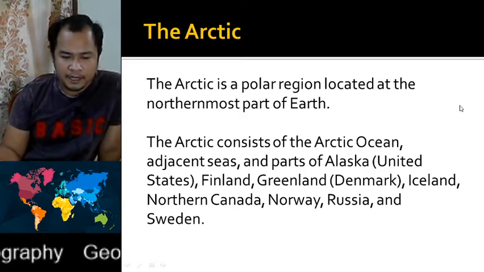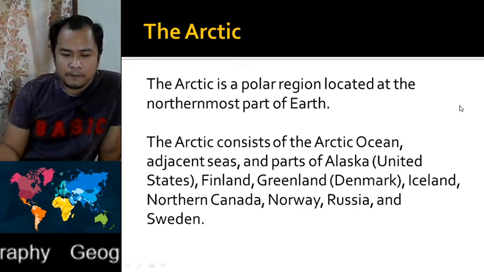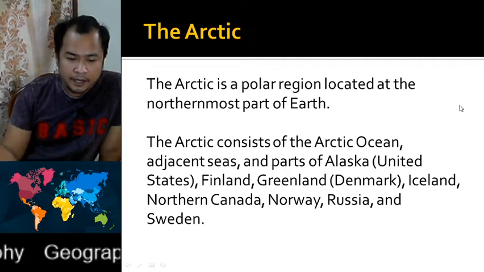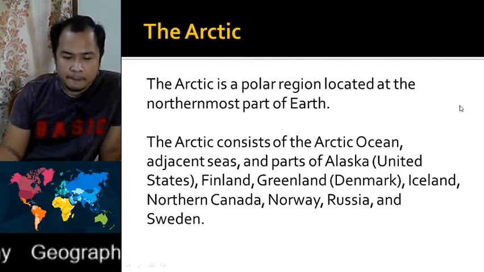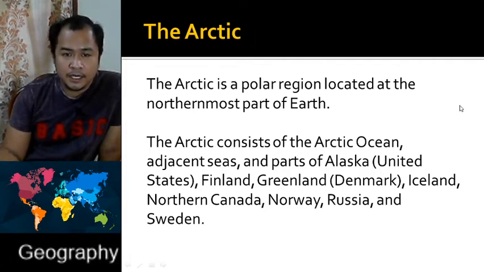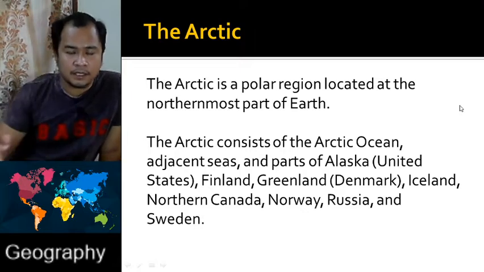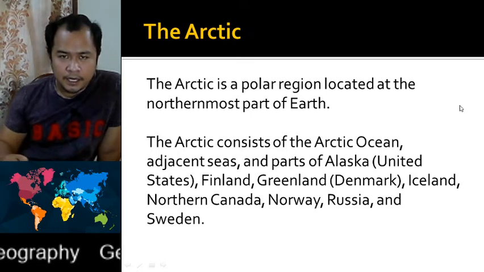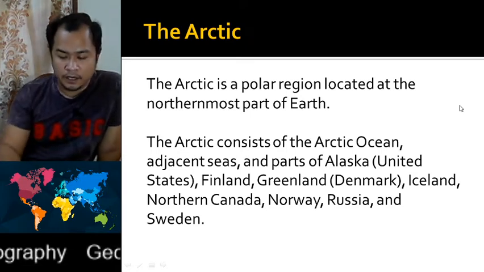You have Finland, Greenland, Denmark, Iceland, northern Canada, Norway, Russia and Sweden. All of these places and countries are connected and located along the Arctic Circle.